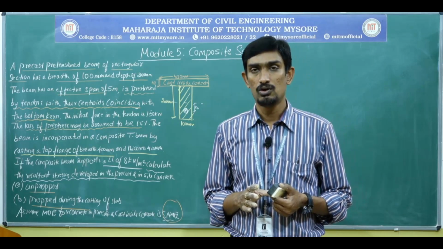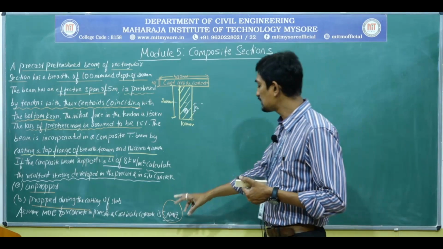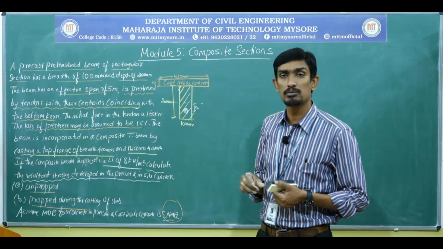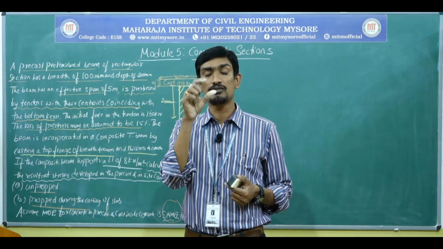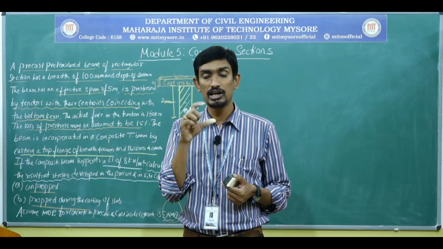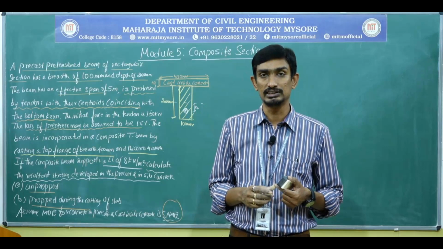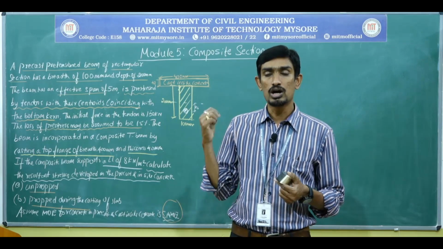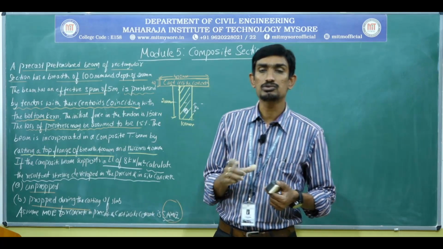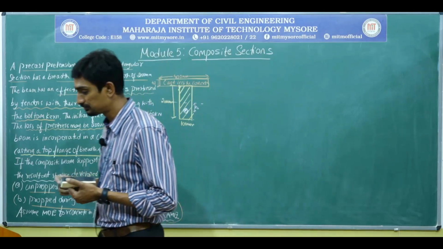Is it clear? So with this condition, let me work out the problem. In the next problem, I will show you how the problem and analysis change if the modulus of elasticity ratio varies. Did you get my point? So now the problem is, MOE is the same. With respect to this, let us work out the problem.